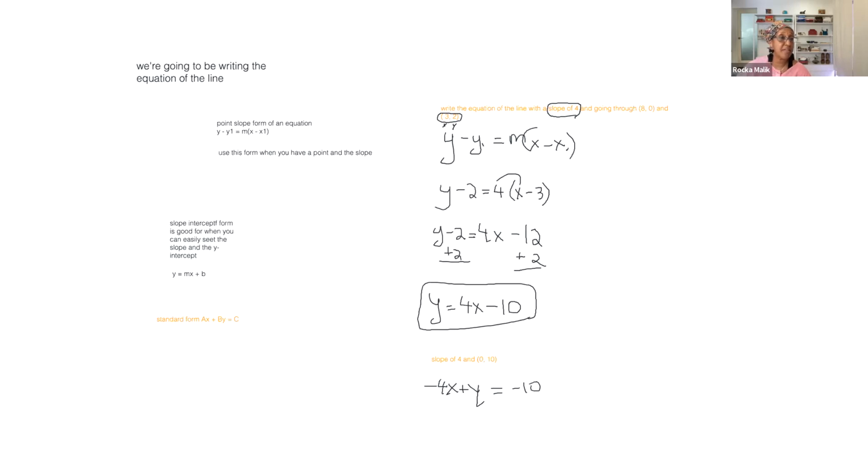And in this, I forgot to tell you, in this standard form, the A is always positive. The number that is in front of the X point.